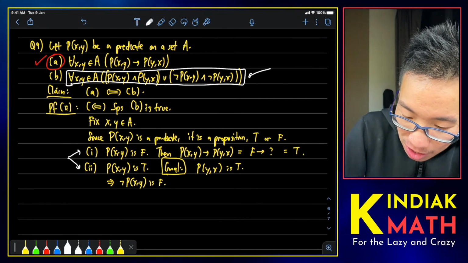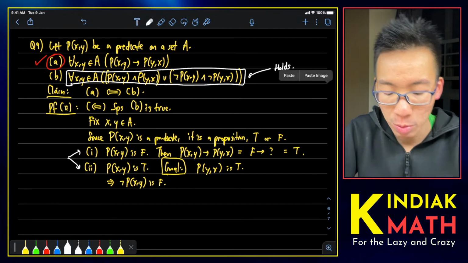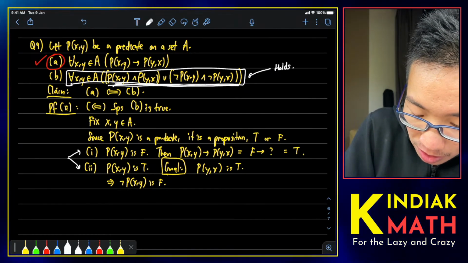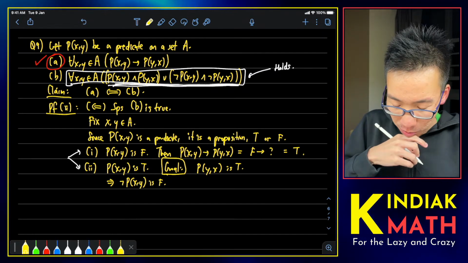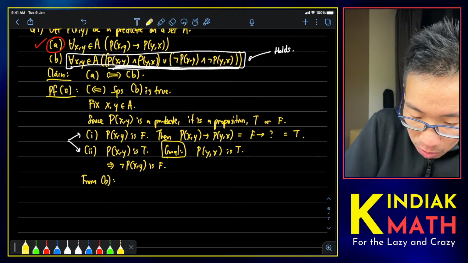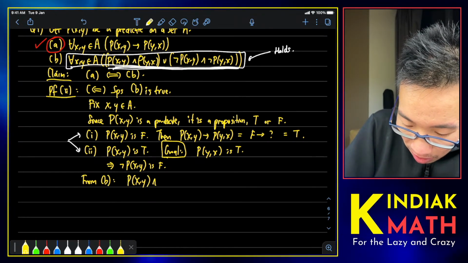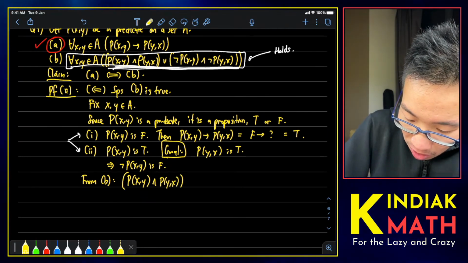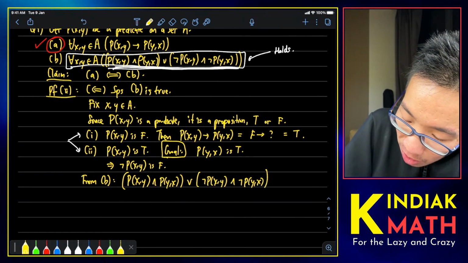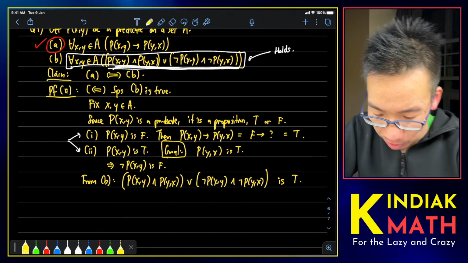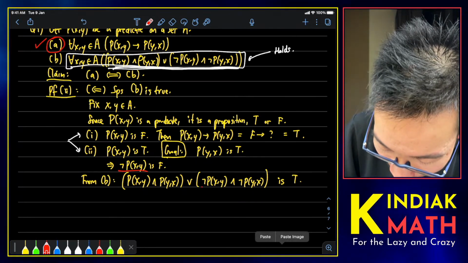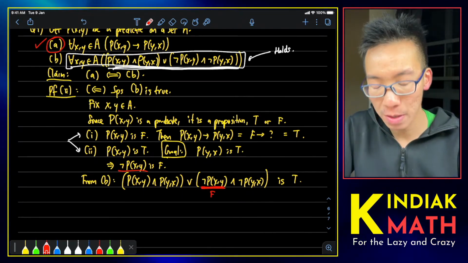We actually haven't used this weapon over here. And that is that this statement is always true. So in other words, we know from B that this statement is true. But we do know that the negation of Pxy is false, which tells us that this guy is false.